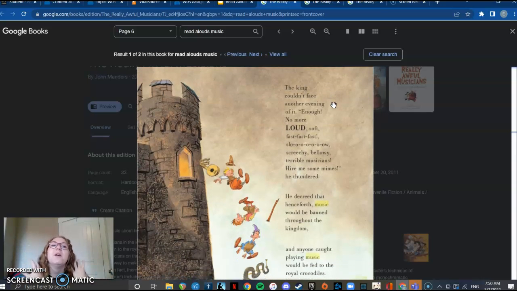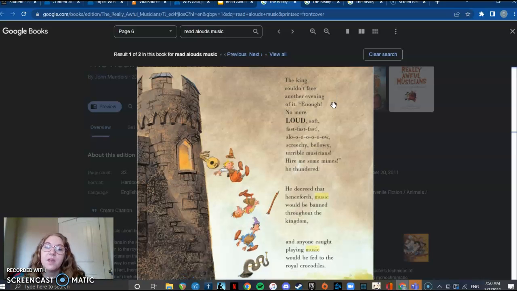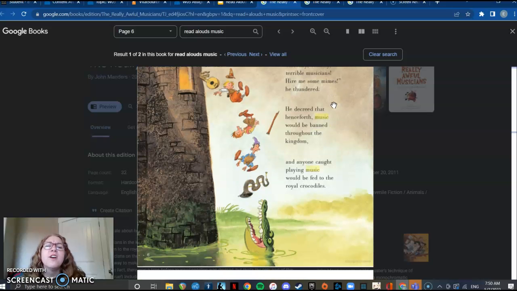Enough! No more loud, soft, fast, slow, screechy, billowy, terrible musicians. Hire me some mimes, he thundered. He decreed henceforth music would be banned throughout the kingdom, and anyone caught playing music would be fed to the royal crocodiles.